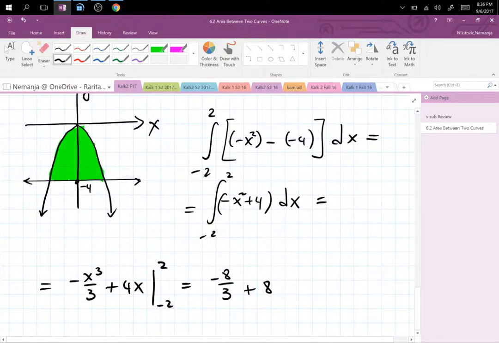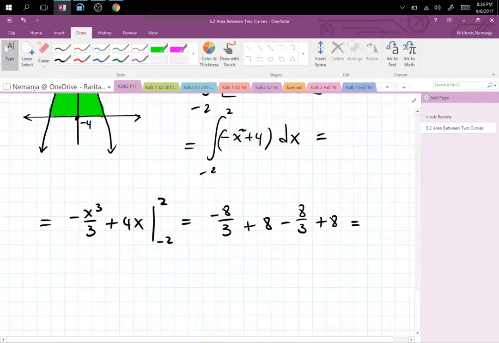Here we go. Plug in negative 2. That's negative 8 thirds. Okay, so now we have minus and minus. Yes, so that's negative 8 thirds. There we go. And then negative and negative make it positive, so plus another 8. There we go. Much better.